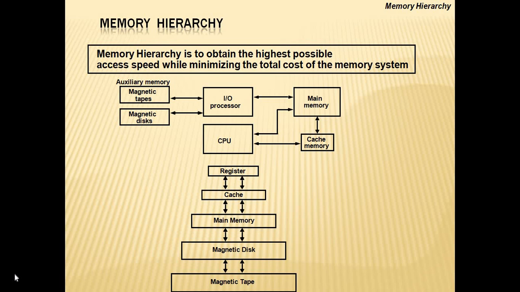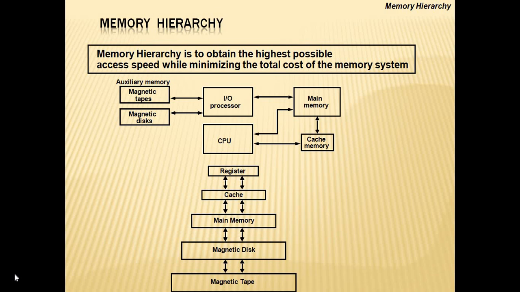The memory unit that communicates directly with the CPU is called main memory, and devices that provide backup storage are called auxiliary memory. Most common auxiliary memory devices used in the computer system are magnetic disks and magnetic tapes.